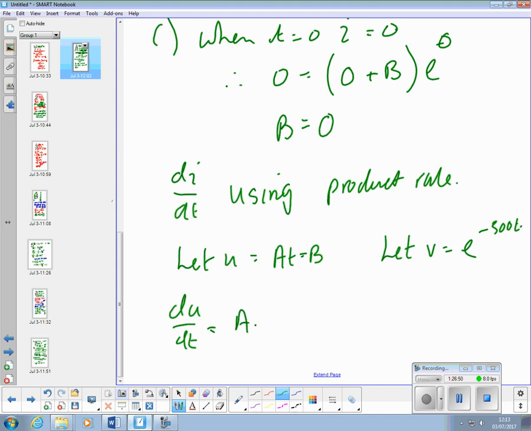It's equal to a, because that becomes t to the 0, which is 1. And dv by dt is equal to minus 500 comes outside, e to the minus 500t.